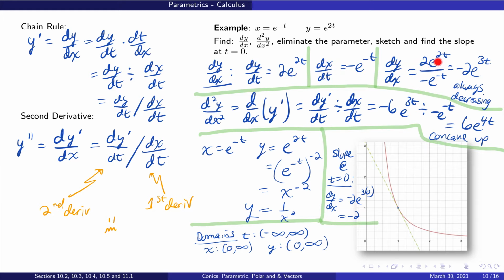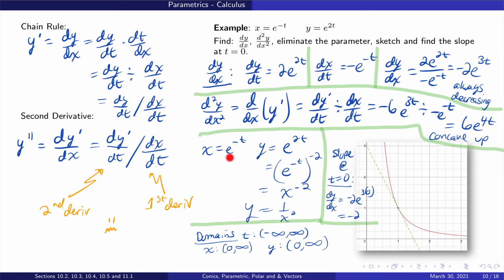So 2e^(2t) divided by negative e^(-t) produces negative 2e^(3t). The second derivative, again, is the derivative of the first derivative divided by dx/dt. The derivative of the first derivative becomes negative 6e^(3t). I divide that by dx/dt, which is negative e^(-t), and this time we get 6e^(4t).